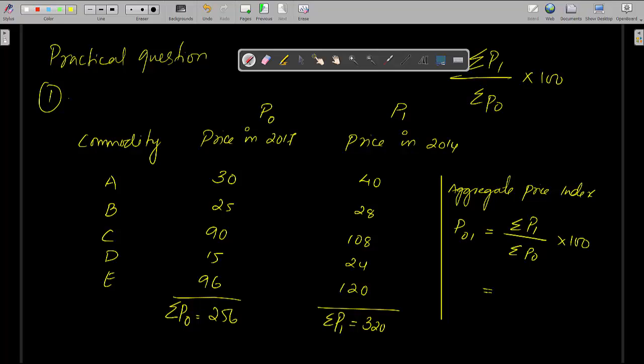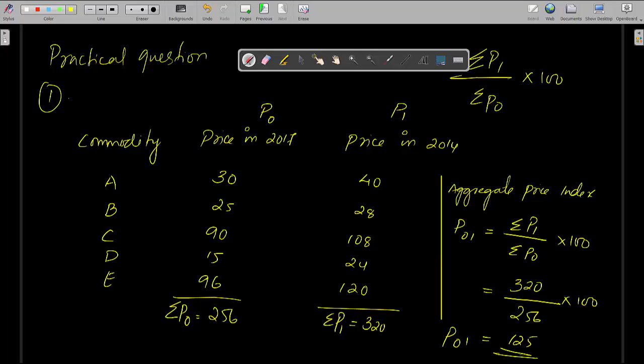This is the formula, right? So whatever we got for P1, 320, divided by P0, 256, into 100. If you multiply and divide it, you will get 125. So our price index for this question is 125.